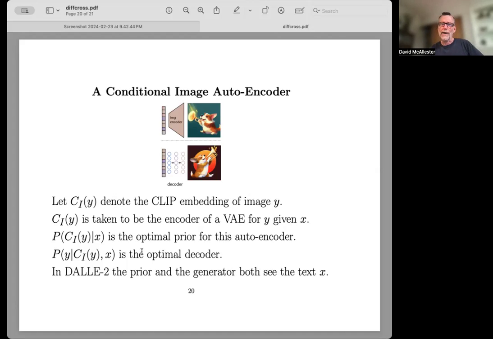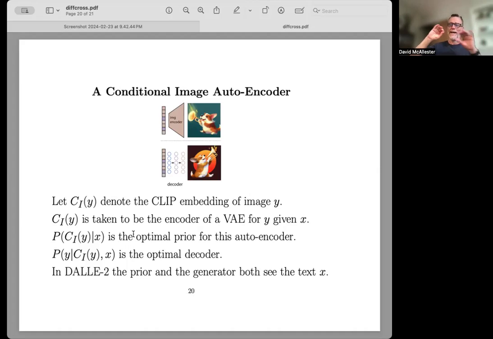Both the prior and the decoder, we're going to let look at the text. Remember, the thing we're trying to do is model image given text. That's what DALL-E does. And there's an optimal prior. So this generator is conditional. We can make it conditional. It doesn't matter that the encoder is unconditional, right? It's just an encoding of the image.